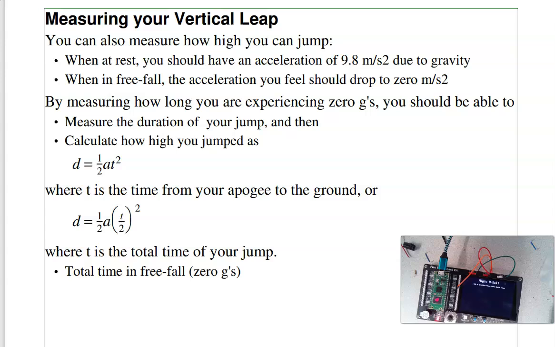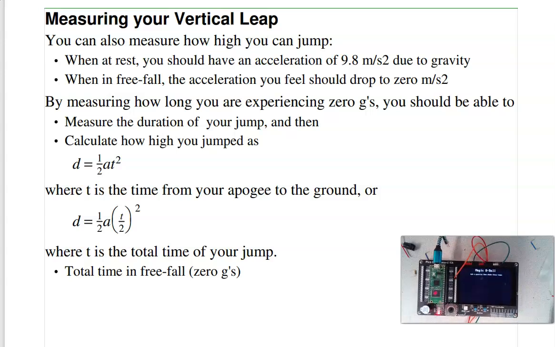All right, now that we have acceleration, we can do some other fun things. Let's measure how high I can jump using the Pi Pico board. Now, the idea here is that when you jump, when you're on the ground, the acceleration due to gravity is 9.8 meters per second squared. When you're in free fall, acceleration should drop to 0. So by measuring how long I'm at 0 g's, I know how long I'm in the air.